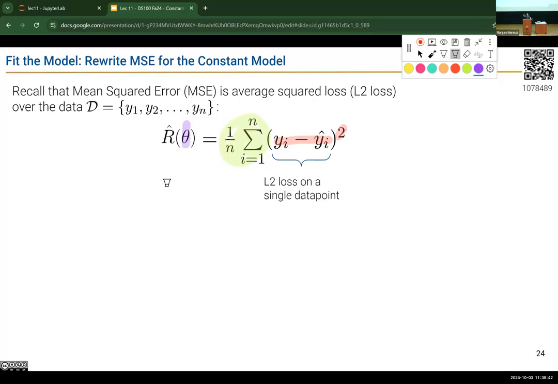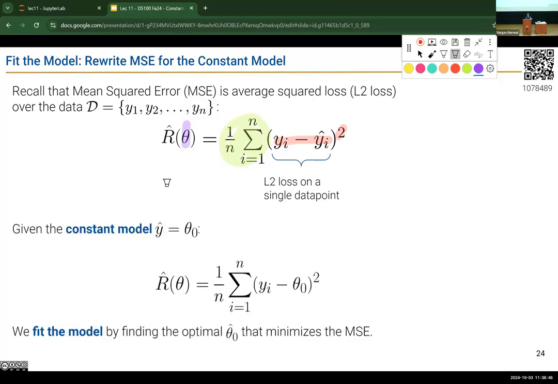Depending on the theta zero value you pick, you'll get a different loss value. Our goal is to find the optimum theta zero that gives us the minimum cost value for this objective function. What I've done here is replace yi hat with theta zero because that makes it simpler. So my function is now very simple: the yi's are always given from the data set, and the only other parameter I have is theta zero.